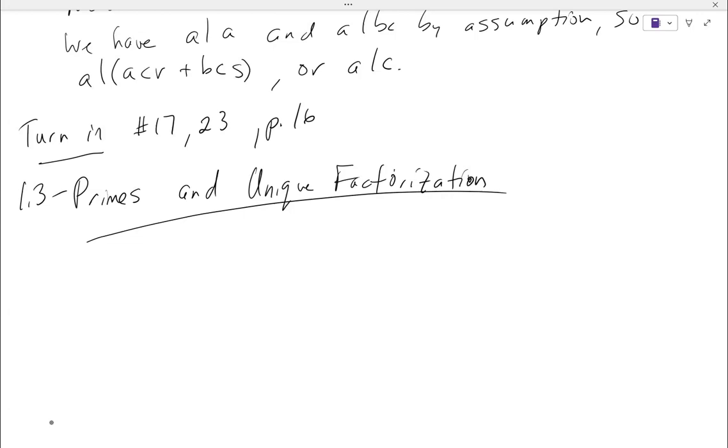We already talked about that a unit is something that you can always divide by, the things that we call invertible elements. And we'll do more with units as we go farther along the semester. But in the integers, there are only two numbers that you can always divide by no matter what, and those are 1 and -1. Okay?